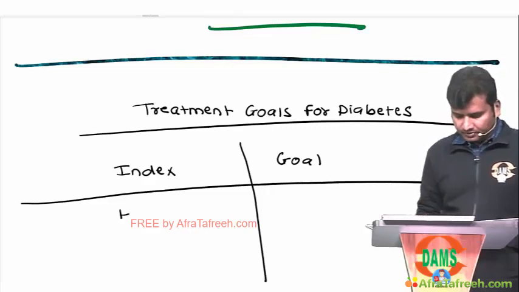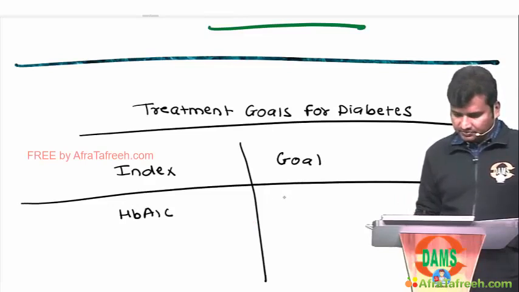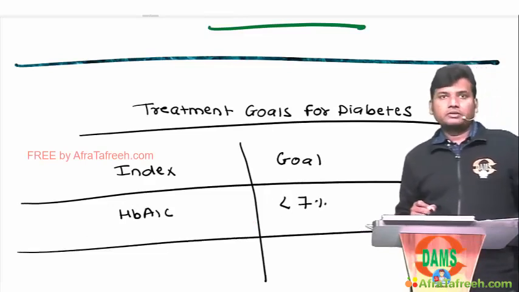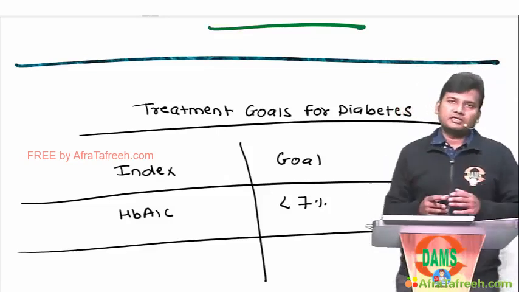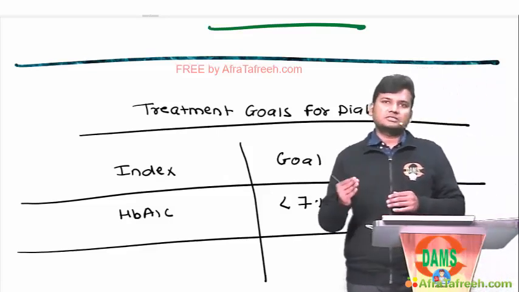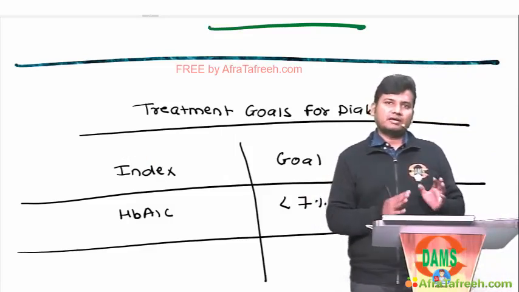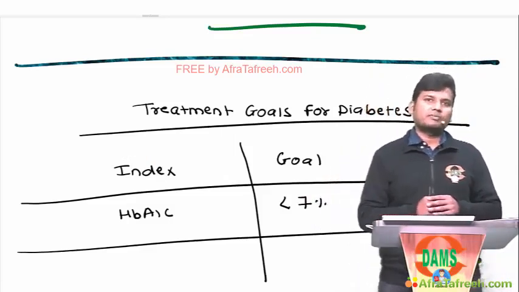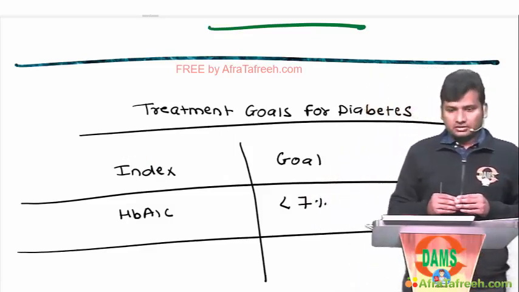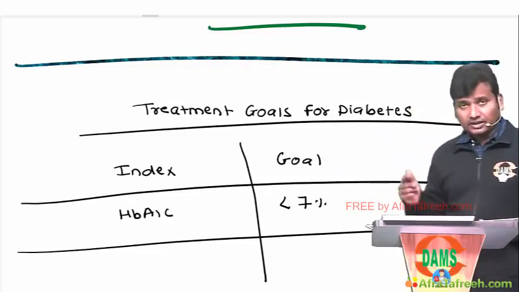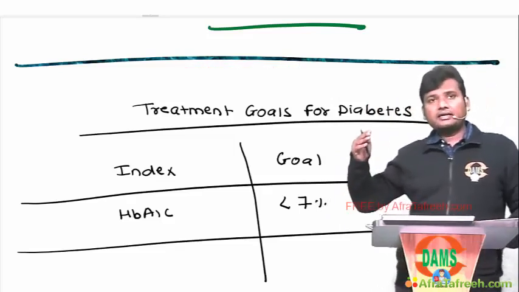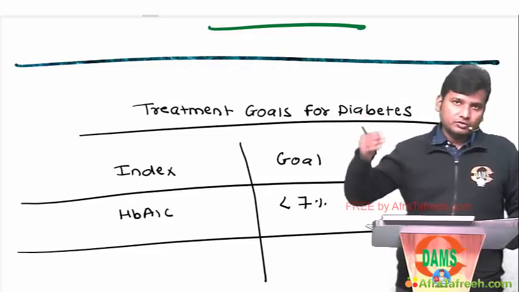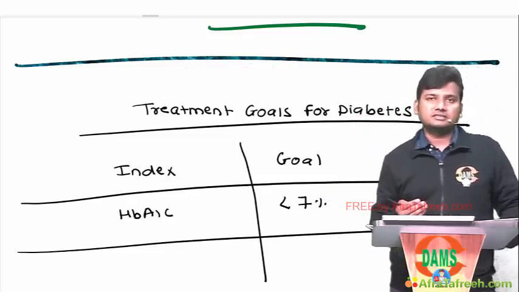Here we want to achieve HbA1c below 7%. Please remember these values. When HbA1c is more than 6.5, it is a case of diabetes; that is the diagnostic criterion. In treatment, we want to reduce HbA1c to less than 7%.